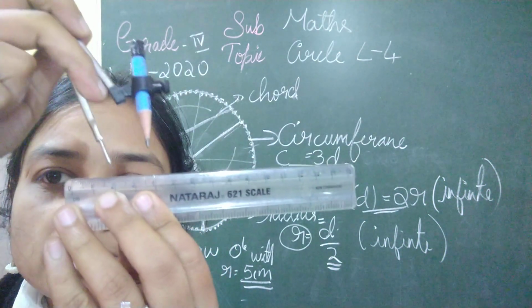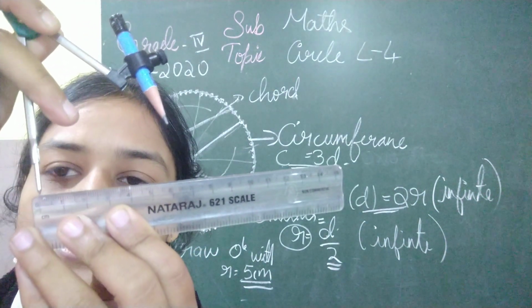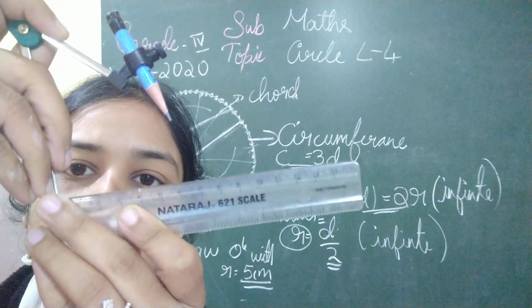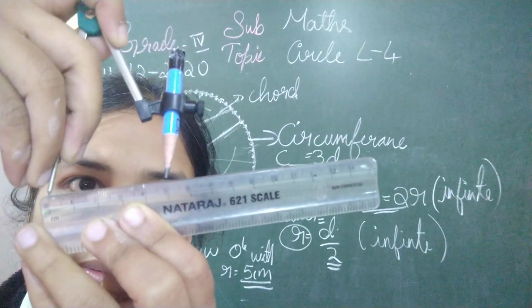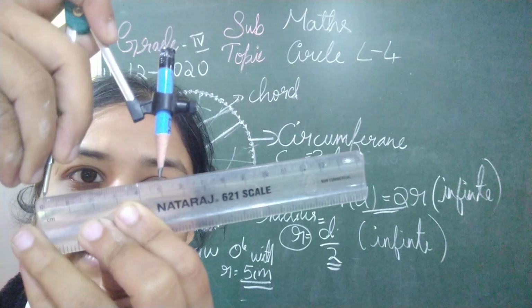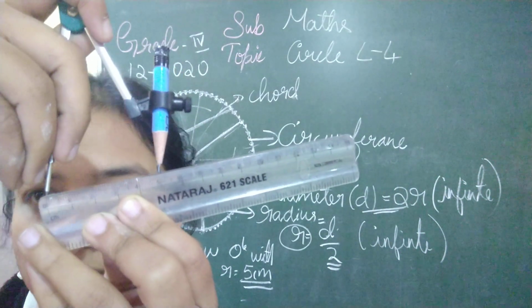So, this is centimeters. You should keep one point at 0, and the other point at 5. So, one point is at 0, one I am placing at 5. So, I have taken the 5 centimeters now.